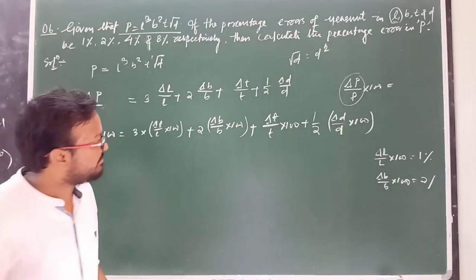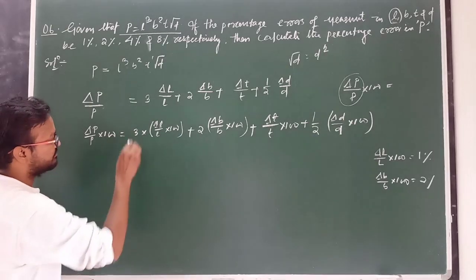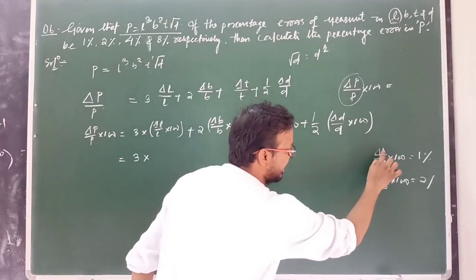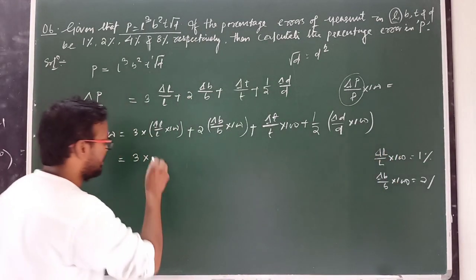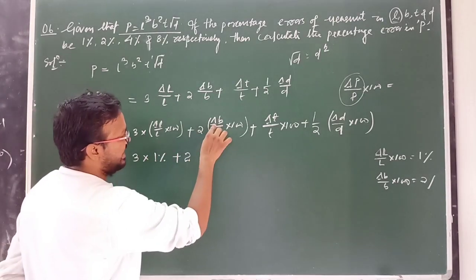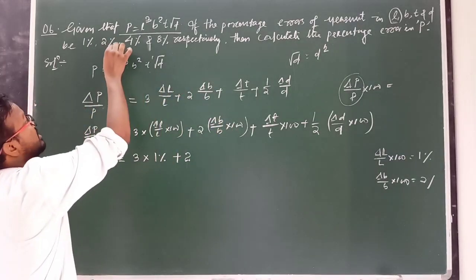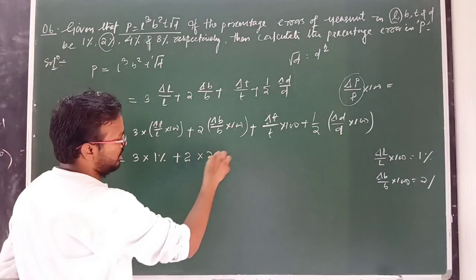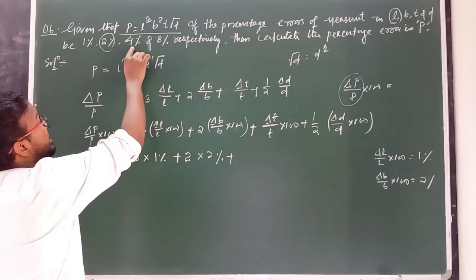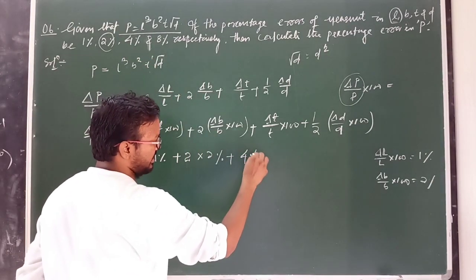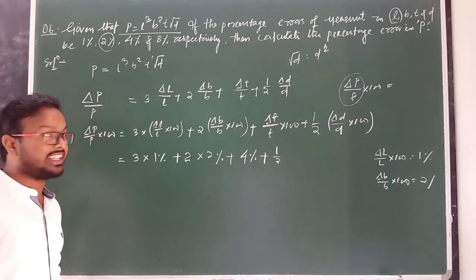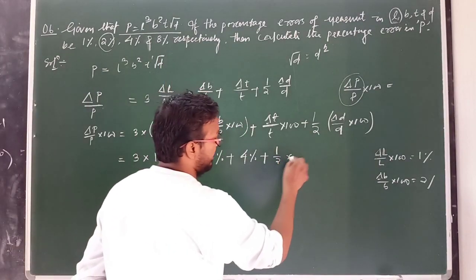So in this way, if we use all the values, we can write 3 into delta L by L into 100, the percentage error in length, which is 1%, plus 2 into delta B by B into 100, the percentage error which is 2%, plus delta T by T into 100, the percentage error in T, which is 4%, plus half of delta D by D into 100, the percentage error in D, which is 8%.